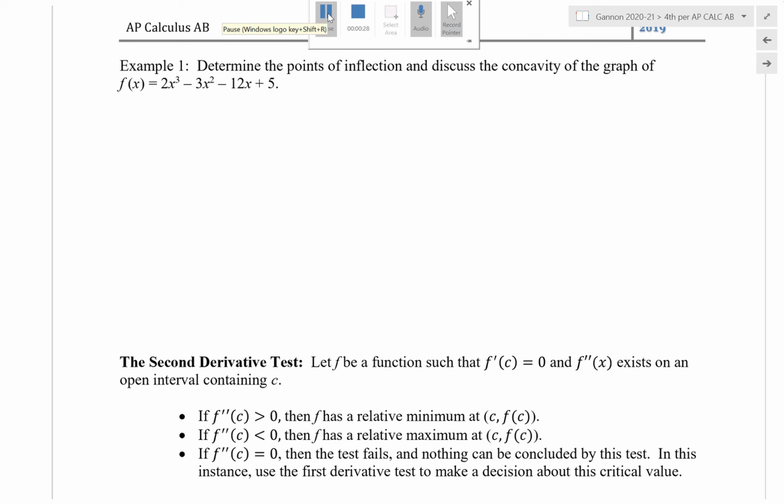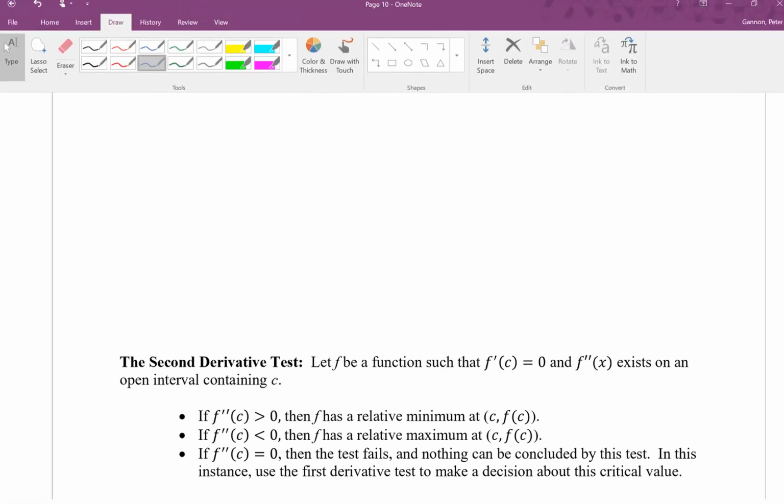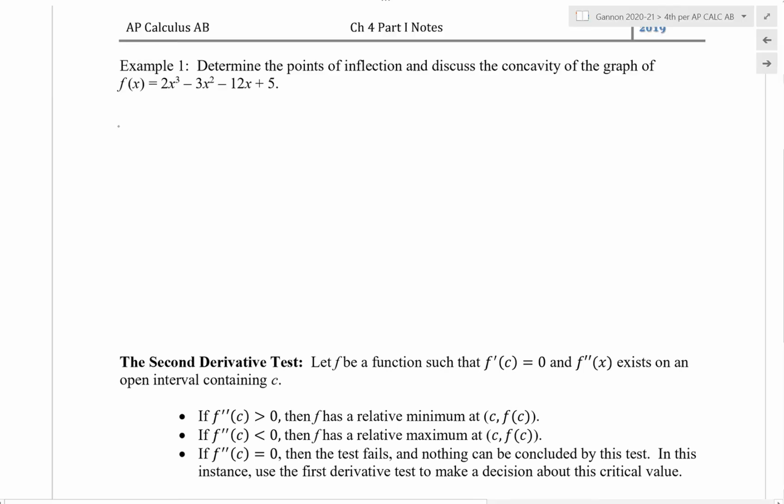So points of inflection are going to occur when the second derivative of a function is equal to 0 or undefined and changes signs. And that changing signs is key. So let's start by taking the first derivative of this function, which we should be able to do pretty easily with power rule and sum or difference.